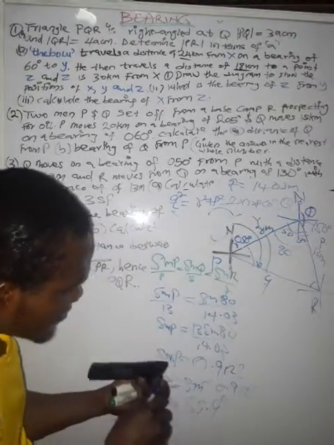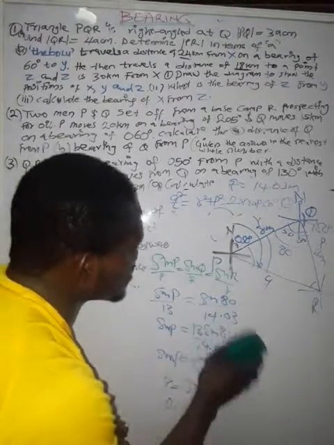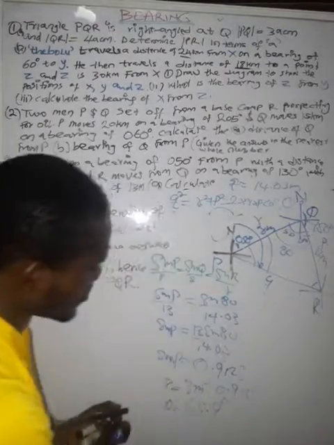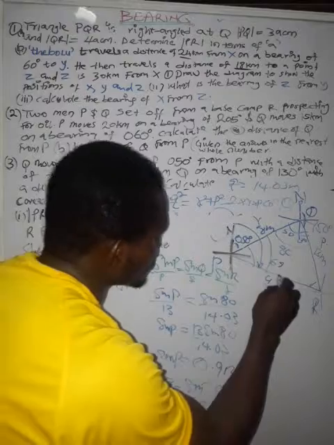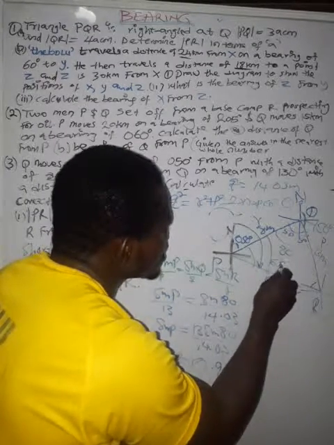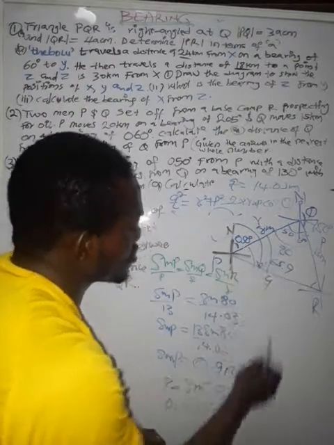Now since I've already calculated it to be 69.5, I am applying it this way. Okay, let me use this side, 69.5. Now I've forgotten this place at 65.9. So what do I need? I just need to add 50 to this one to get the bearing.